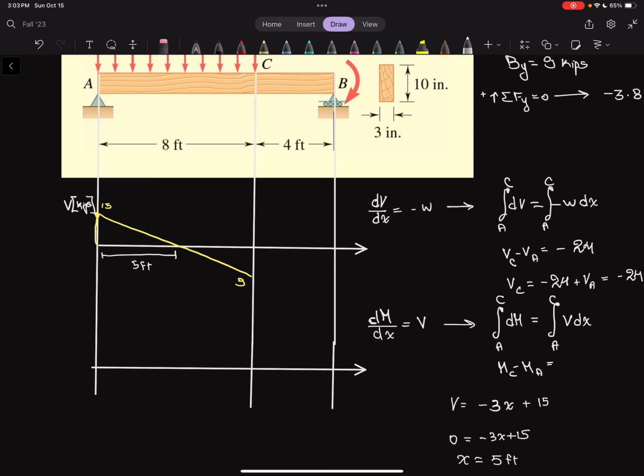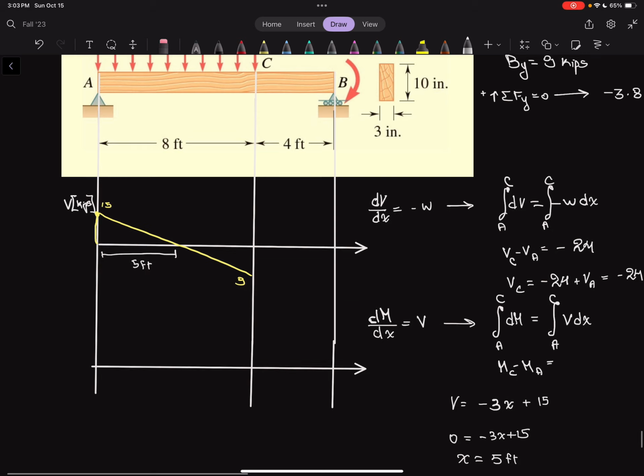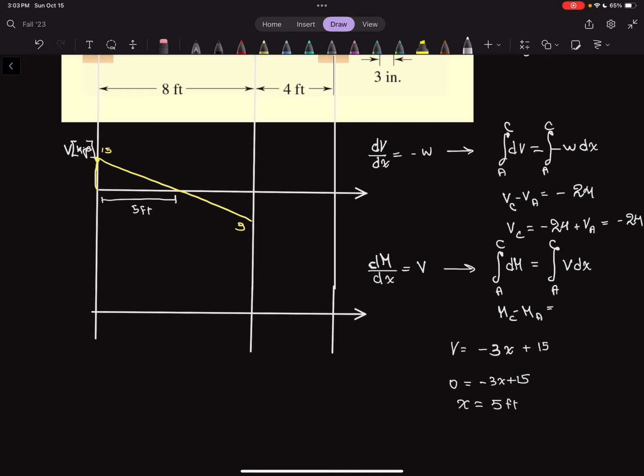I don't know, I feel like that's cheating though, because we used the equations. But now we know the area at the top, which is going to be 15 times 5 divided by 2. So 7.5 times 5, which is 37.5. And then at the bottom, we're going to have 9 times 3 divided by 2, which is minus 13.5.